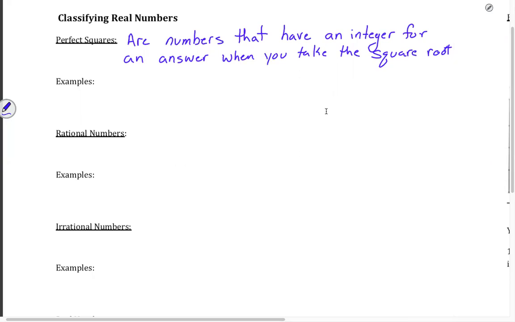So perfect squares, those were the red numbers. Okay, so they were 1, 4, 9, 25, 36, 49, 64, 81, 100, 121, 144, and so on.